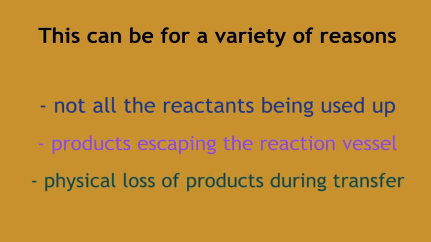Theoretically you would have said I'm using this particular mass of sodium hydroxide or this particular volume of sulfuric acid, but then you spill some of it over. That means you have lost some of the reactants during the reaction itself. Or if you have reactions where the materials are almost explosive, some of them will be boiling and spilling out of the reaction vessel. That also causes the mass of the final product to be less than what you would have expected.